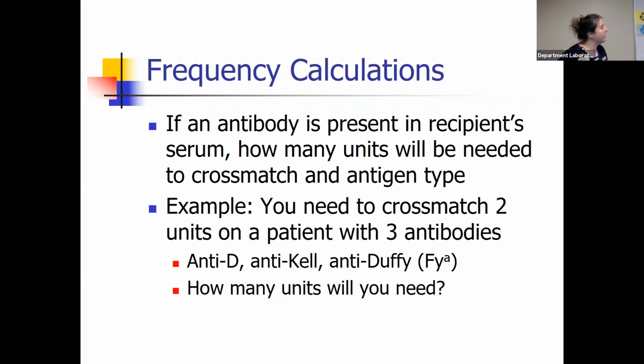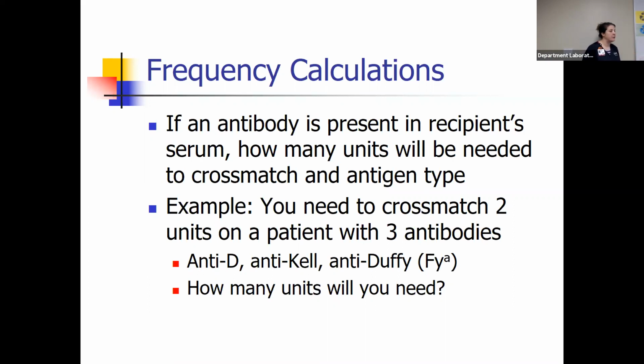All right, so now we get into our beloved frequency calculations. How many units do you need to antigen type or crossmatch in order to find a compatible unit for your patient? The number gets higher the rarer your antigen is. Keep in mind, if your patient has an antibody, we have to give antigen negative blood.